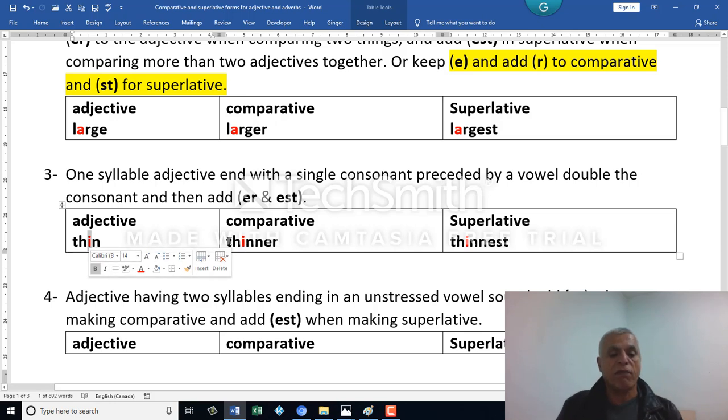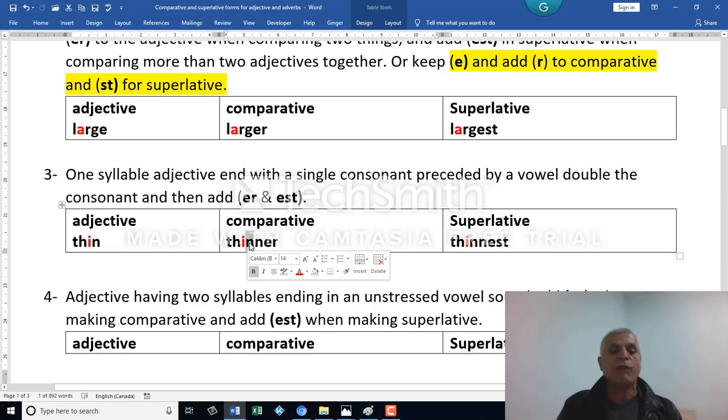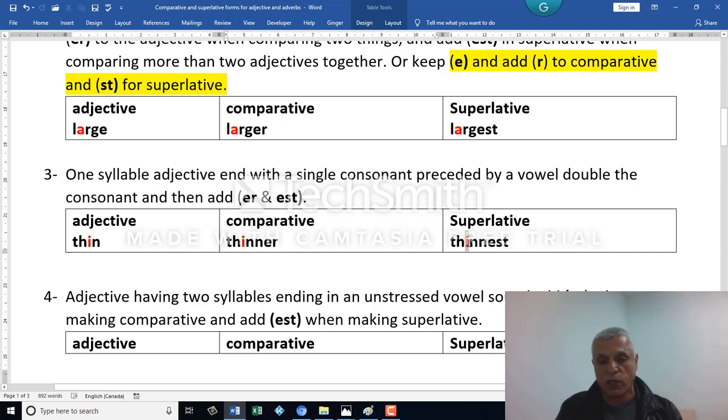Here we have the vowel i, then we have the consonant n. Then we have to double the consonant. That's the reason we say thinner. Then in the superlative we add est. We have only one vowel, one syllable. Then we double the n and we say thinnest.